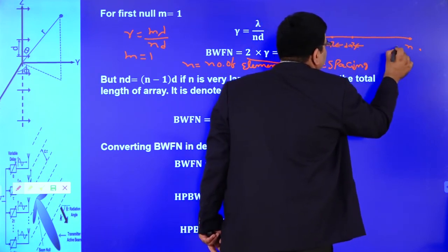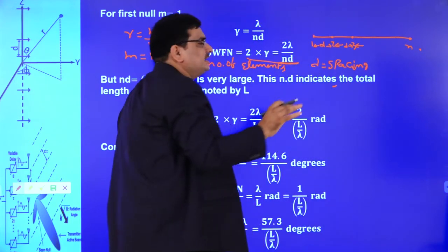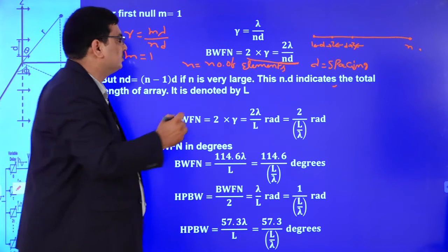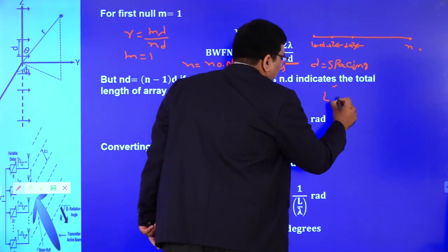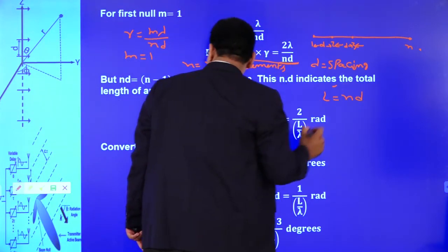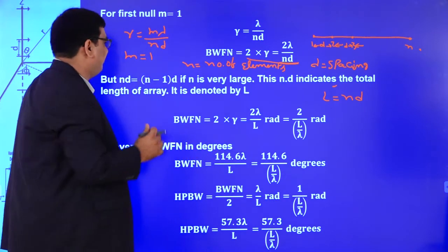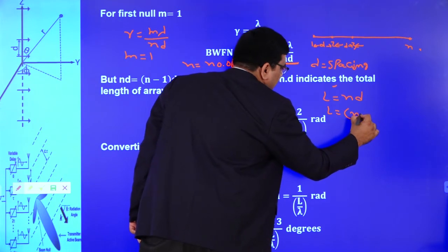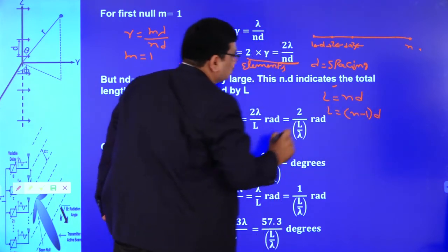What is the multiplication of these two? N into d is called the total array length, where L is equal to nd, and for large arrays we can write L equal to (n minus 1) into d also.